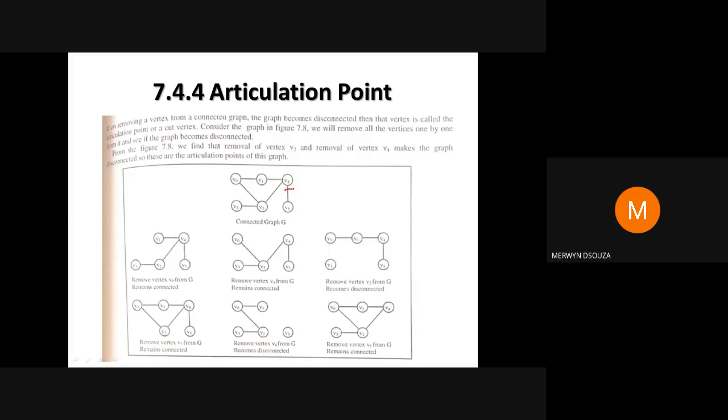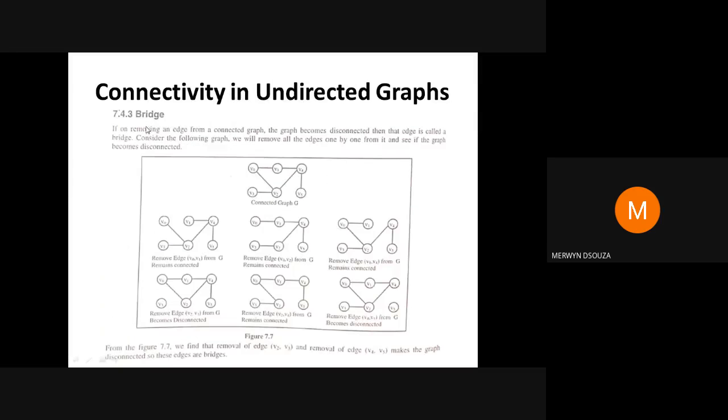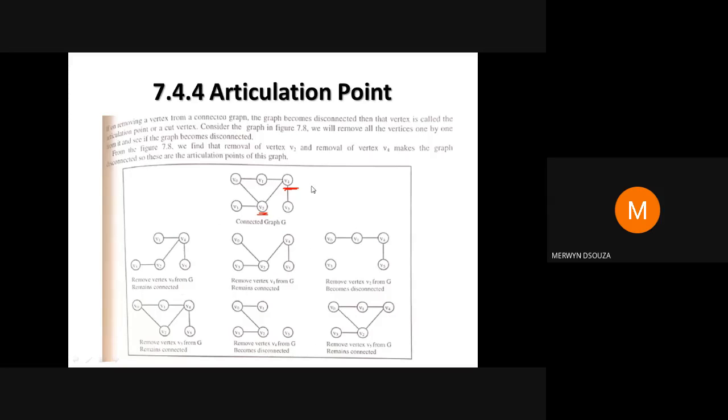There are two articulation vertices here, V2 and V4. So remember these two definitions, articulation point and bridge. A bridge means when you remove an edge, the graph gets disconnected. An articulation point means you remove a vertex, and because of that, the graph gets disconnected.